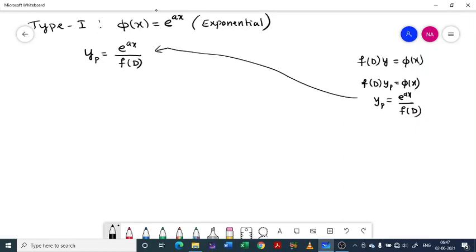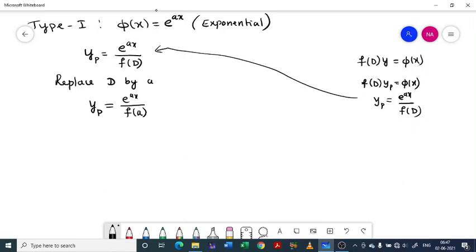So in this case yp equals e power ax divided by f of D, with f of D not equal to 0. For the time being it is just f of D. Then replace D by a. So yp will be e power ax divided by f of a.